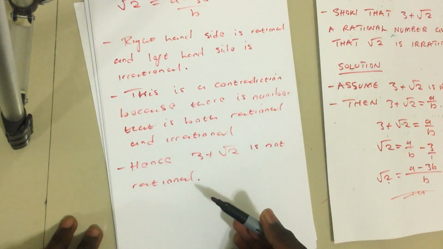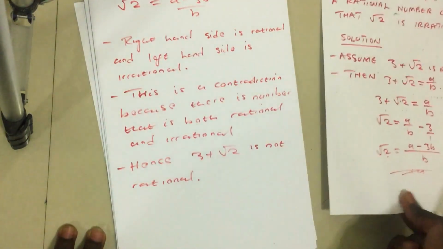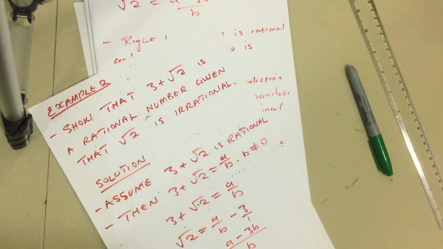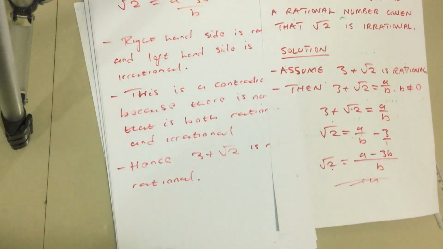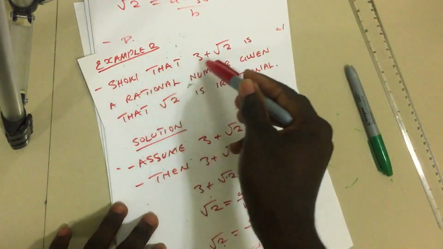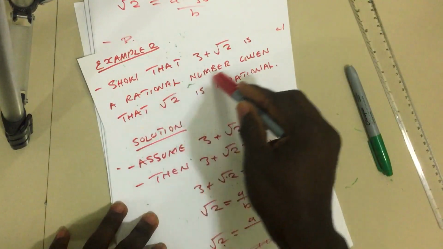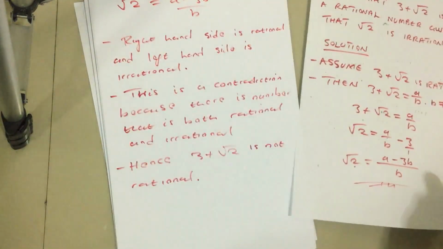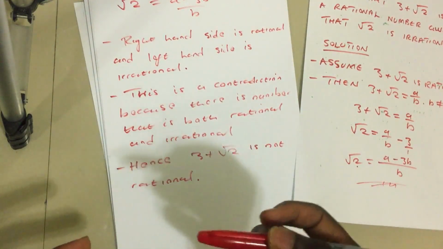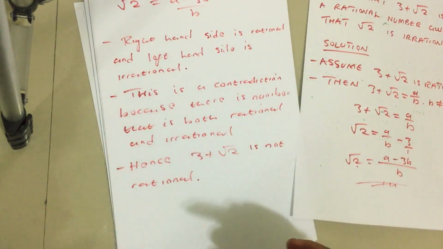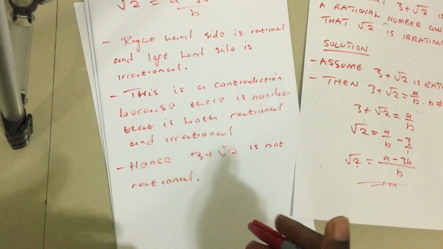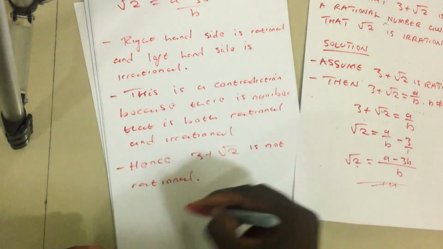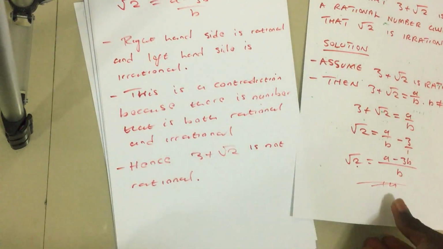We've just proved that the expression we were given in the question cannot be rational. Our question says show that 3 plus the square root of 2 is a rational number, given that the square root of 2 is irrational. But a number cannot be both irrational and rational at the same time. Hence, the expression 3 plus the square root of 2 is not rational. So that is the final answer for this question.